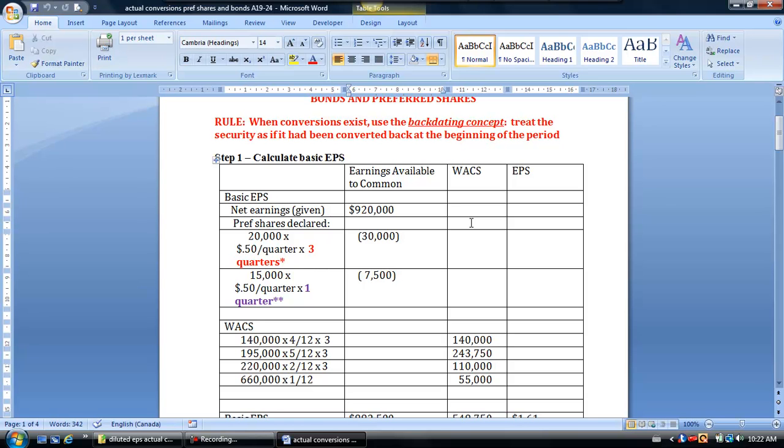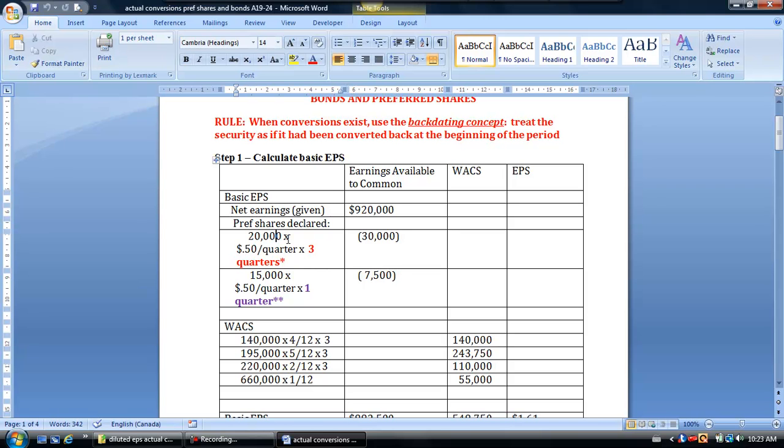So once the September 30th payment was made, we had converted 5,000 of those 20,000 preferred shares to common. So now, how is this going to affect our earnings available to common shareholders in the basic EPS calculation?